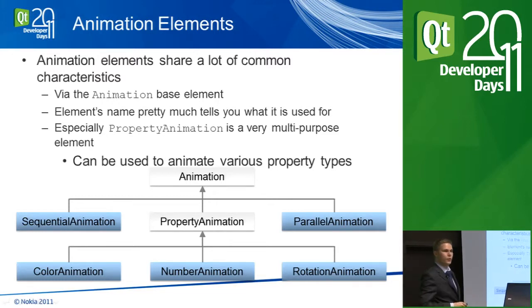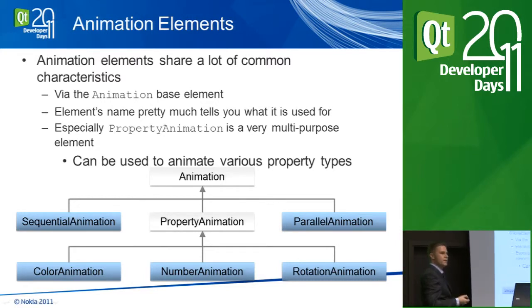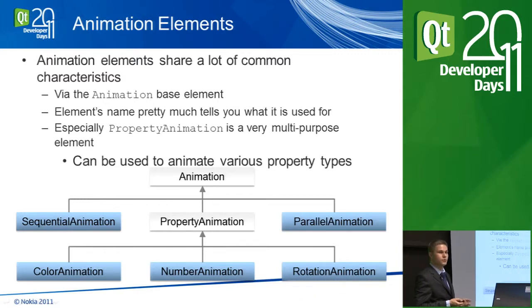Sequential we saw already, so that's for combining different animations to run one after another. Parallel is something you can use for combining different animations so that they run at the same time, in parallel. And property animation is something that animates properties, modifies the values of properties.